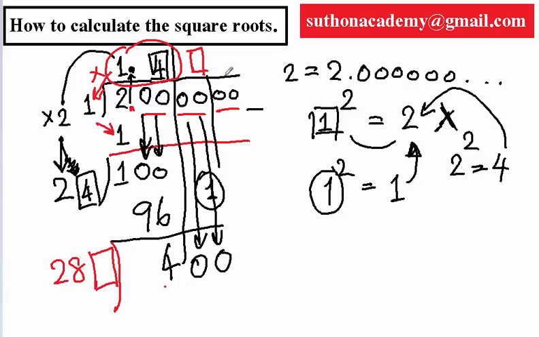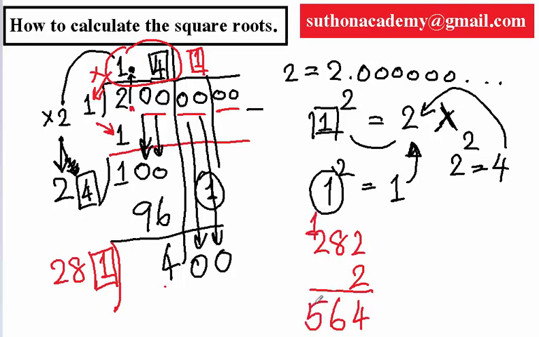So I think of number 1 only, because if I think number 2, it will become 282 times 2, which is greater than 400. That's impossible. Number 2 is impossible.